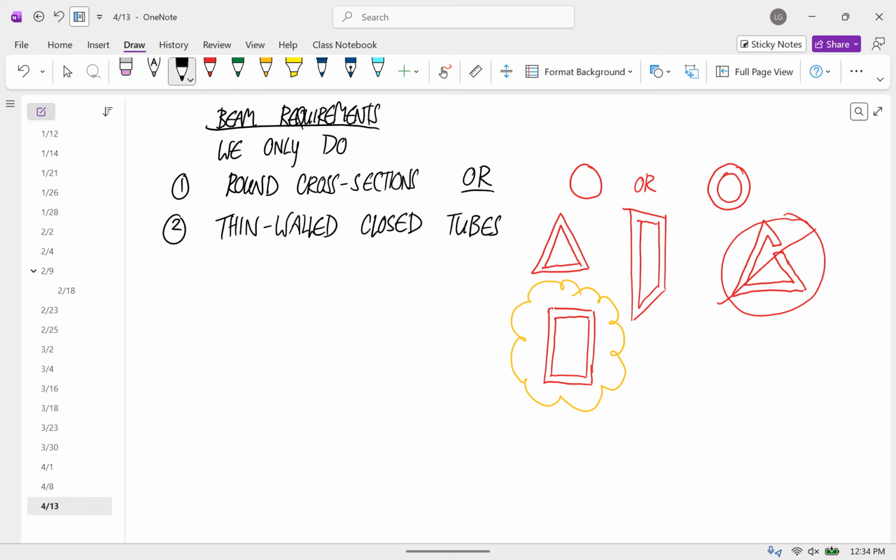Why is that a useful cross section? Because you get a pretty good area moment of inertia. So it's pretty good at withstanding moments without a ton of weight, because you've taken all the weight out of the middle. So you'll see cross sections like this pretty often in engineering applications.